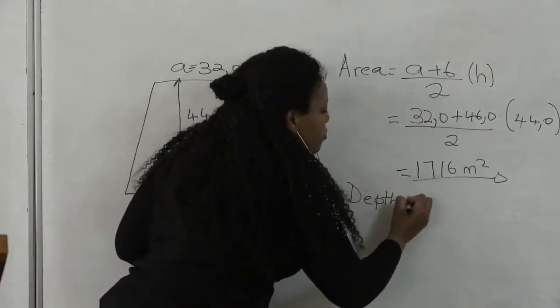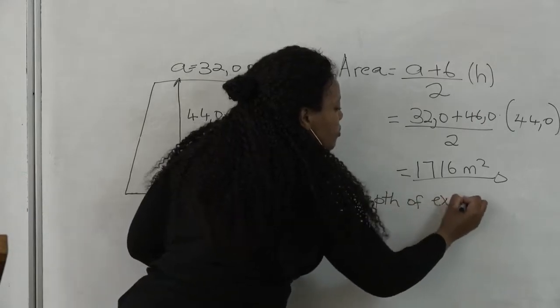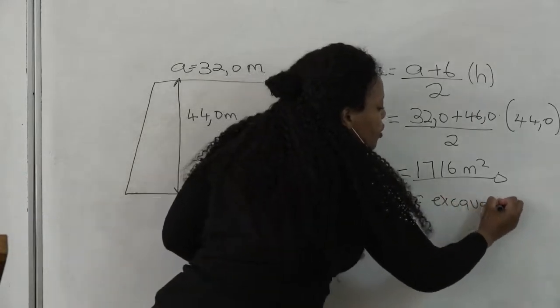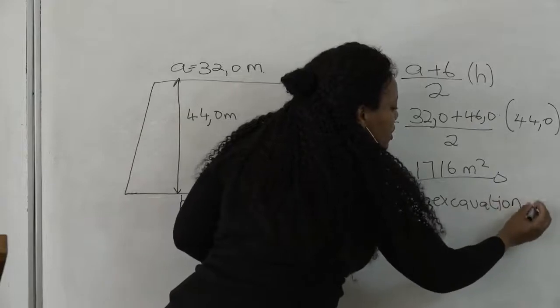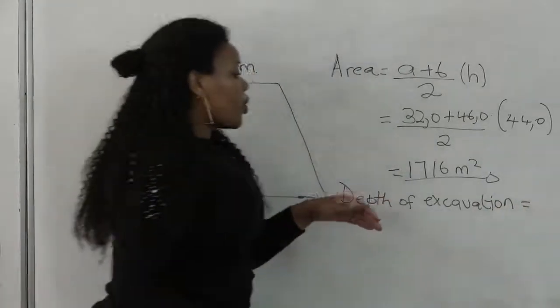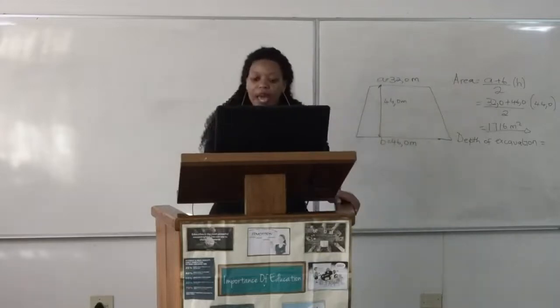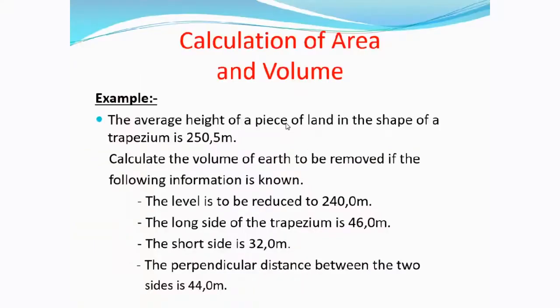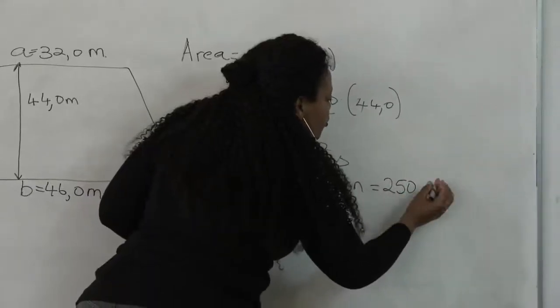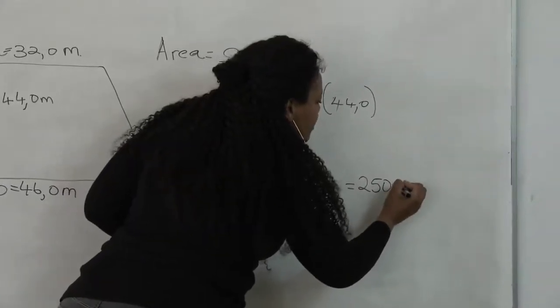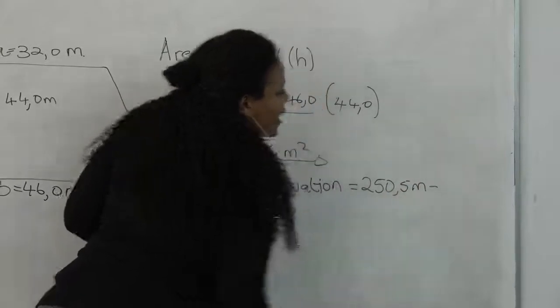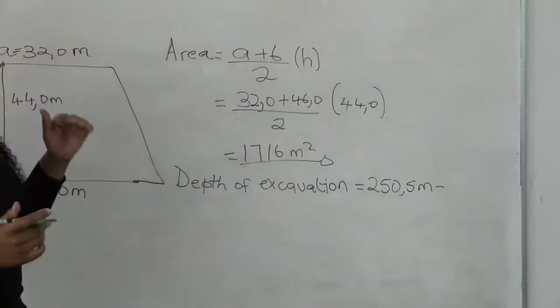Depth of excavation. The depth of excavation is equal to what? It is equal to the average height. Let us go back to the question. Our average height is 250,5 meters minus the reduced level.